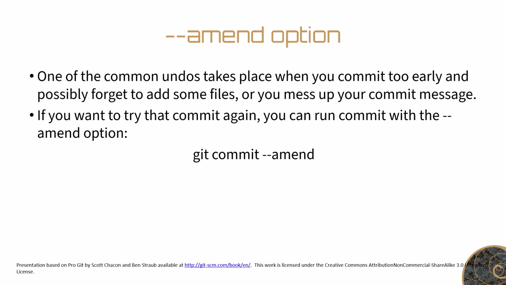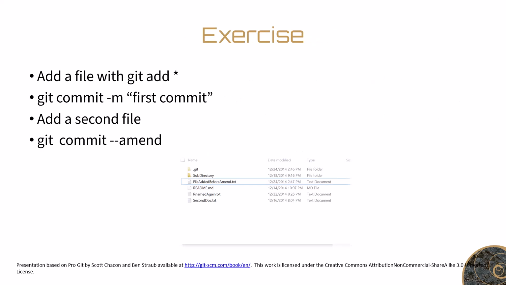If you made no changes since your last commit, then your snapshot will look exactly the same, and all you'll change is your commit message. And so this is a way of editing. So you can use the amend option to edit your previous commit message.